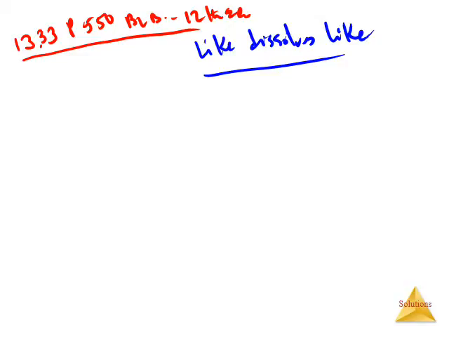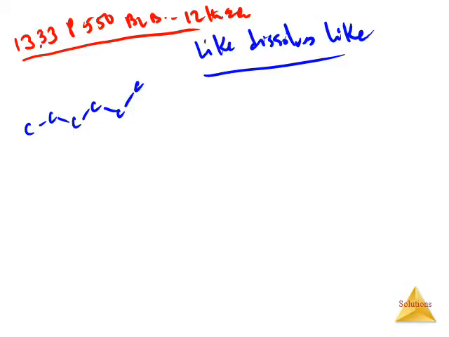So let's go over this problem. First, we need to find out, since the question is asking about solubility in hexane. This is hexane. 1, 2, 3, 4, 5, 6. 6 carbons, and the rest are all hydrogens. You stick in hydrogen in such a way that each carbon has 4 bonds.